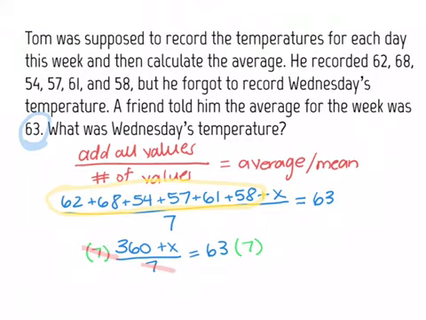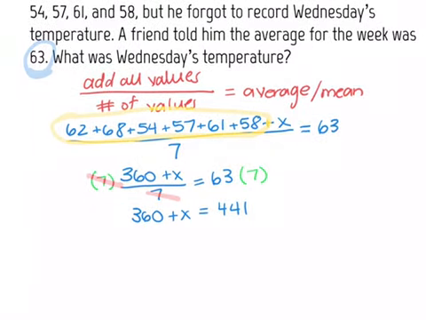And I can say that 360 plus X equals 441. So then your last step here would be to get X by itself.